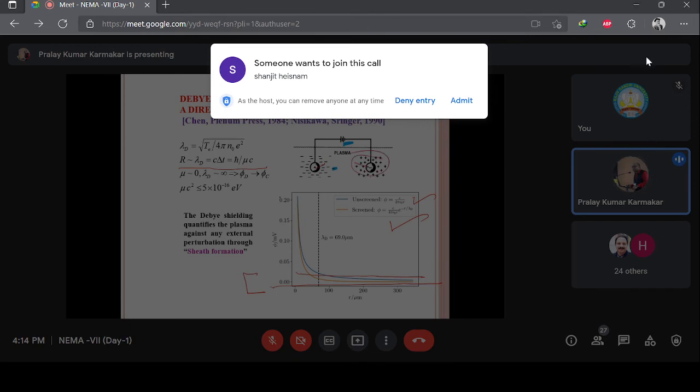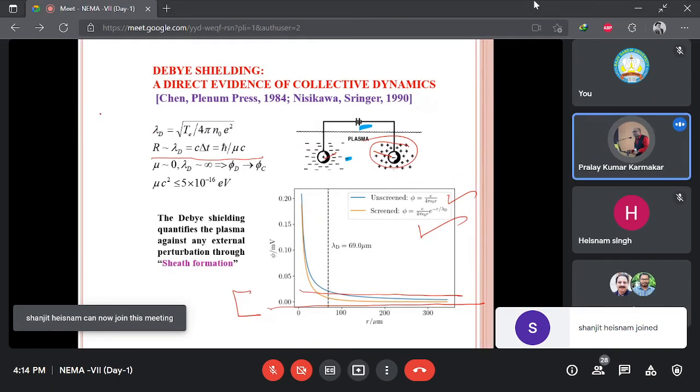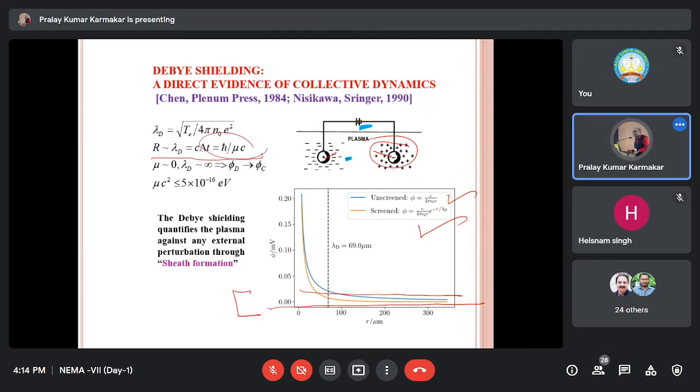After applying the uncertainty principle, this range comes out to be of this form. Now, if the mediating particle or photon has rest mass equal to 0, if we substitute, then your lambda D tends to infinity, which means the Debye screened potential behaves as the Coulombic potential. So under this condition, in the case of the Debye screened potential, the mediators are not massless, unlike those found in Coulombic interactions.